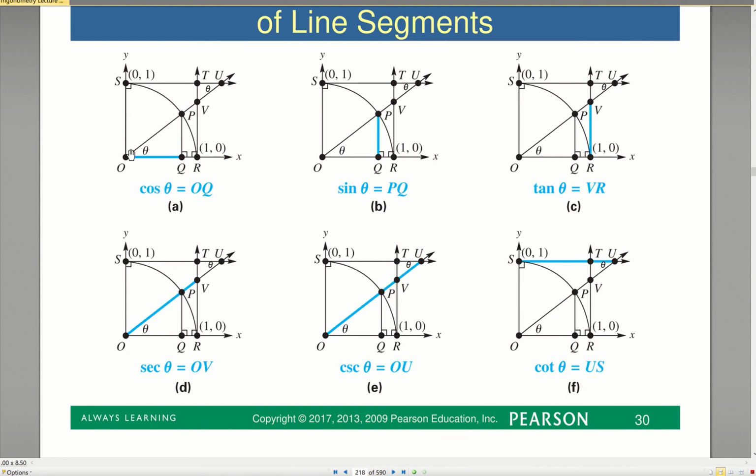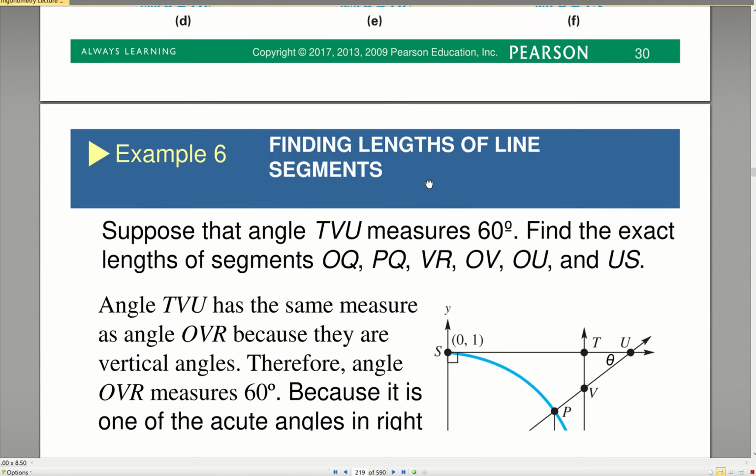So the cosine is just going to be OQ. We've already established that previously. The sine is PQ. Tangent is VR. Secant is OV. Cosecant is OU. And cotangent is US.